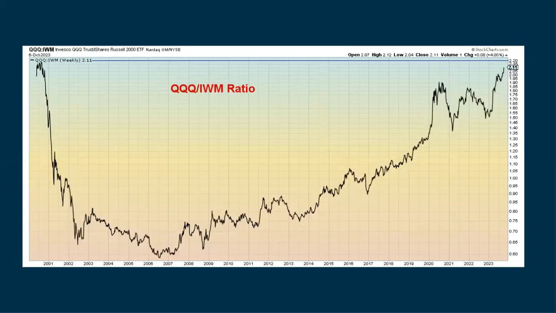This is a newer chart where, depending on what you use, if you use indexes to do this ratio, I don't have that ability at stockcharts.com. So I have to use ETFs that represent indexes. And this is a ratio between the QQQs, which is the NASDAQ 100, and the IWM, which is the Russell 2000 small caps.